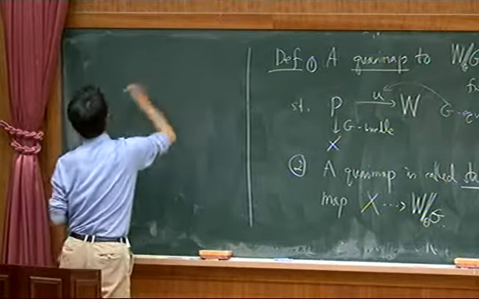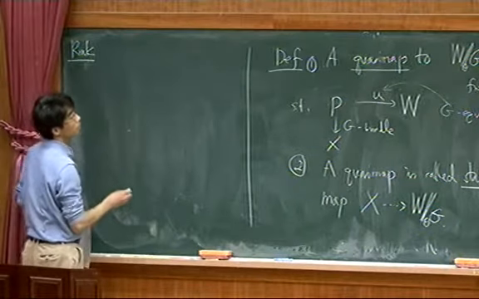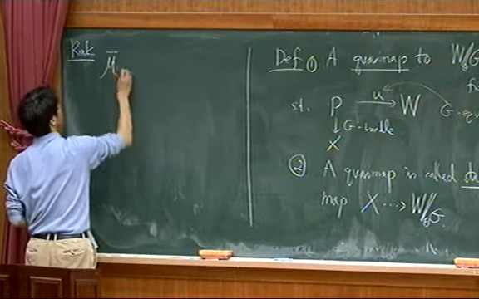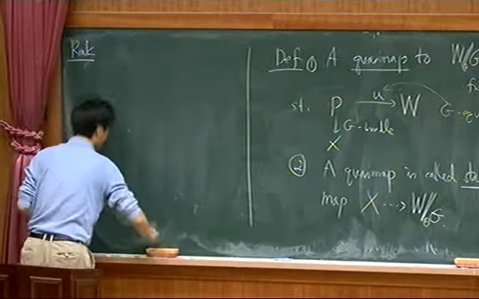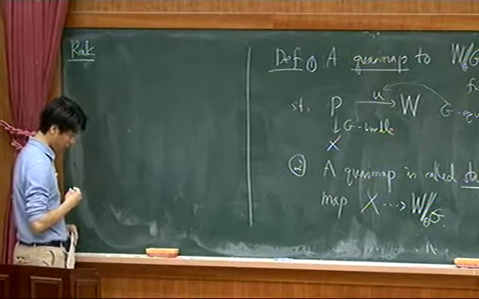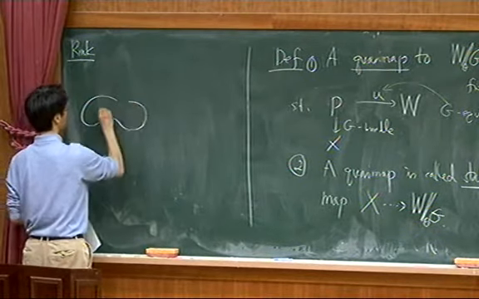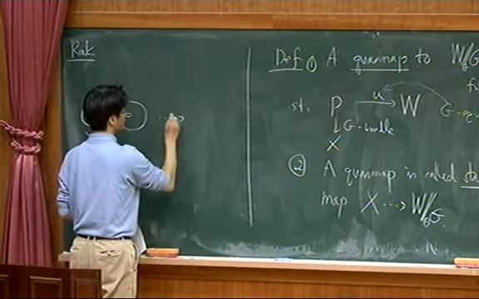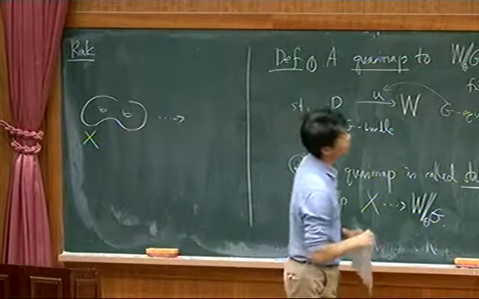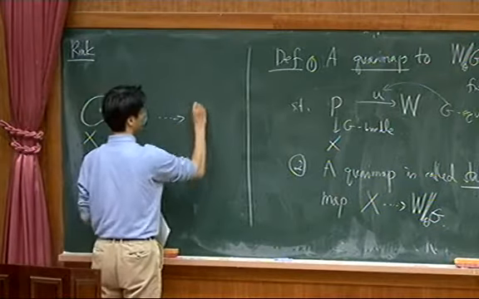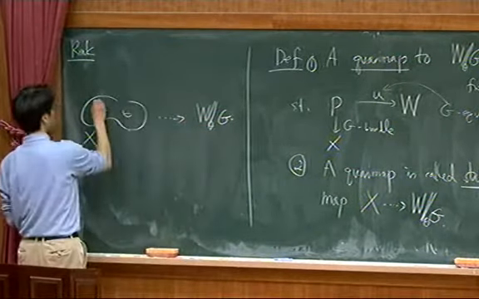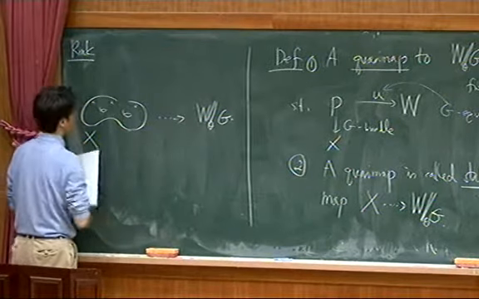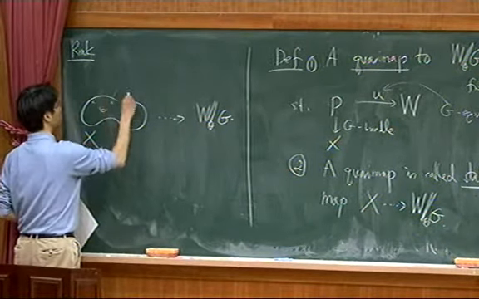Let me give a remark about the stable map compactification, M bar. Here you have X, a Riemann surface, and this stable quotient map defines a rational map from here to the quotient. But at some finite point, it's not defined. This point is a kind of base point.